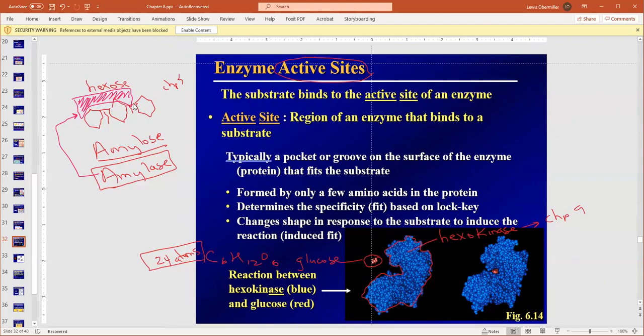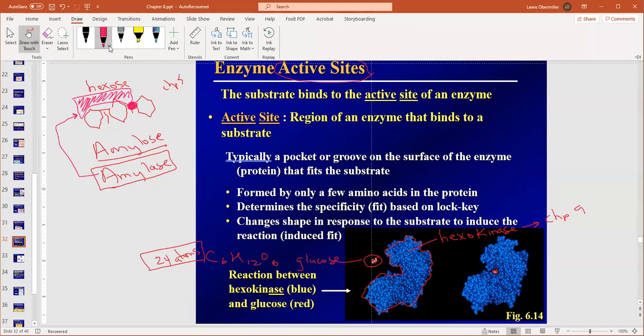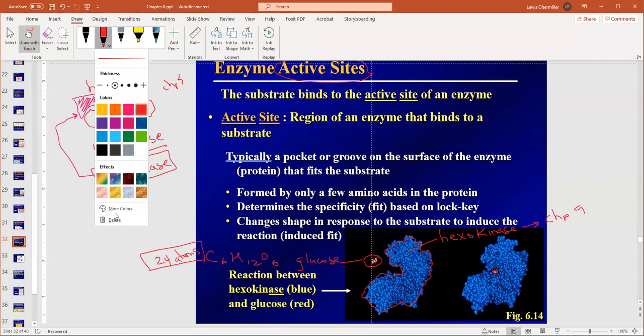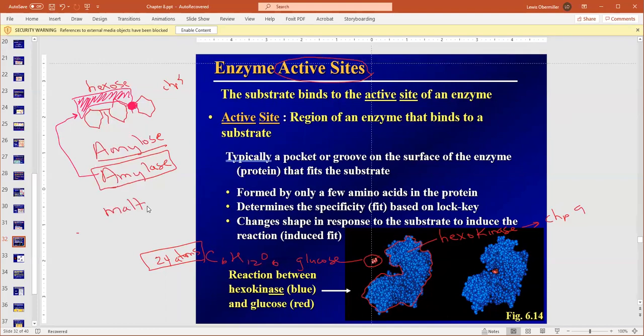It breaks this glycosidic bond that we talked about in chapter 5, and when it does that, it creates maltose, which we also talked about in chapter 5. Two glucoses linked together is maltose, so that's a disaccharide.